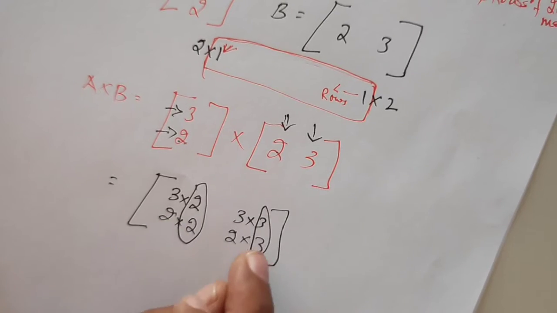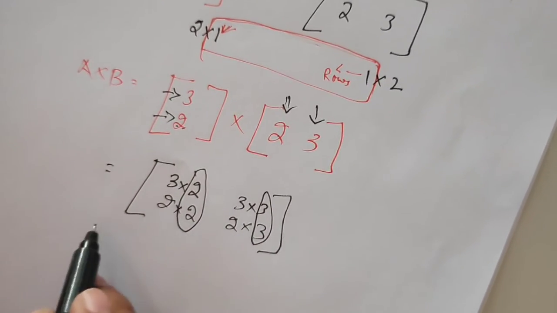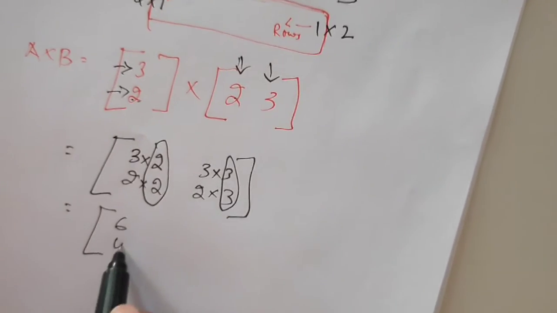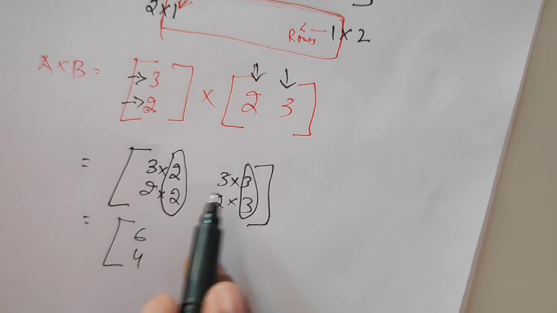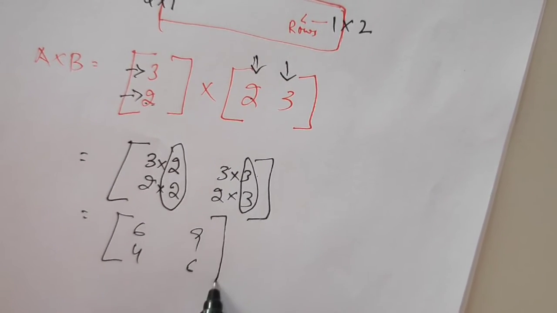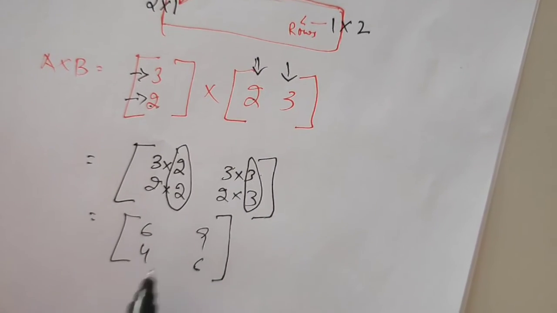If there is a change, it means your multiplication is wrong. So 2 multiplied by 3 is 6, 2 multiplied by 2 is 4, 3 multiplied by 3 is 9, 2 by 3 is 6. So here is your answer: 6 9 4.